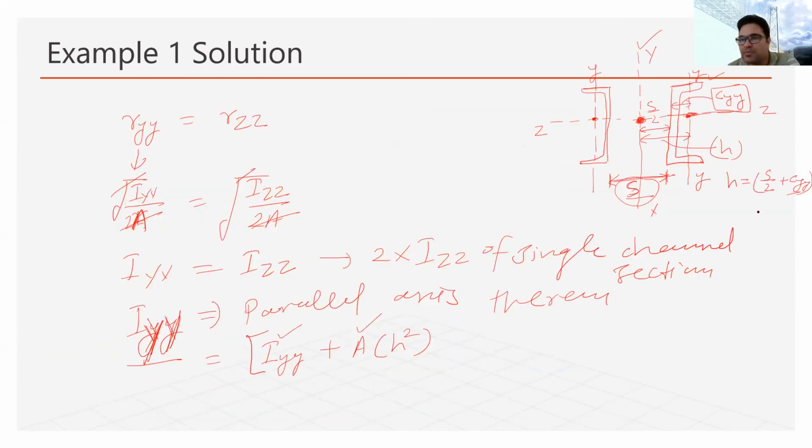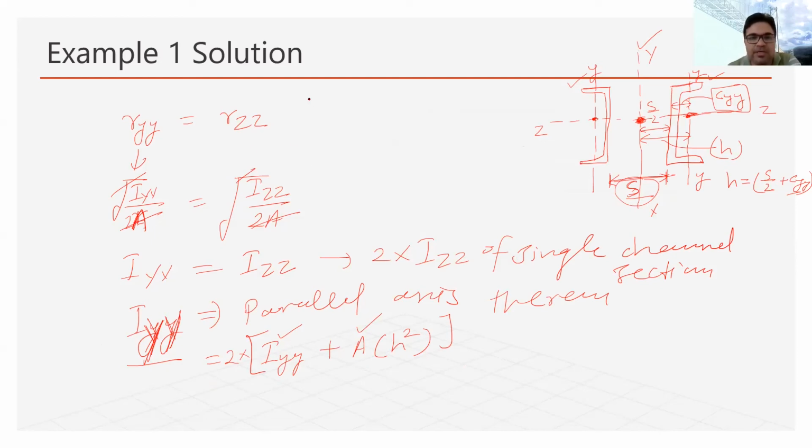Now you can see the s by 2 value is here. This is for the single channel section, but we have another channel section also, and both of them have the same properties and are at the same distance. So I am simply multiplying this by 2. Ultimately, we are going to equate IYY and IZZ.